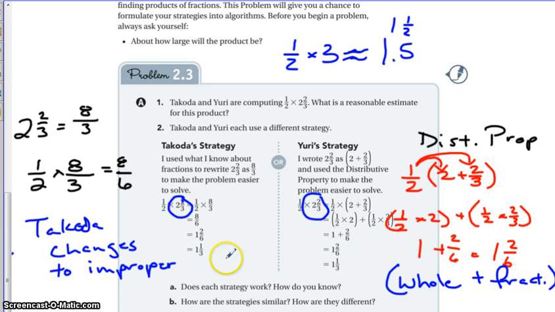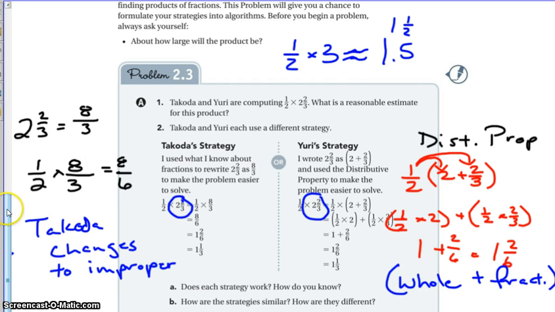And 1 2/6, or 1 1/3, is pretty close to 1 1/2. So our estimation wasn't off. What wouldn't be a reasonable estimate would be to change the half into a 1 and the 2 2/3 into a 3, and then we'd get 3. That would almost double what the answer should be.